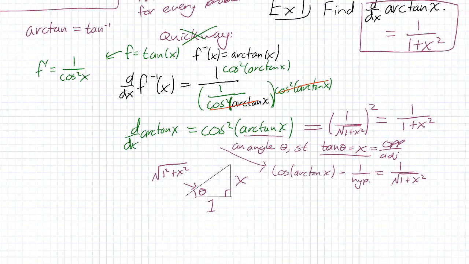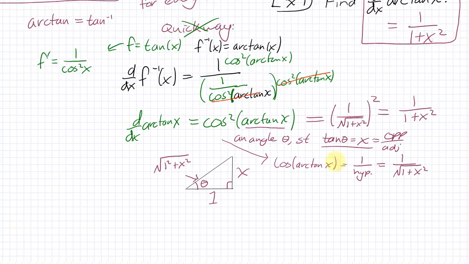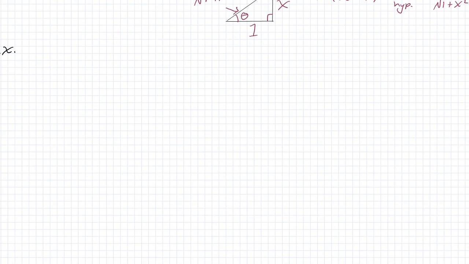The slightly longer way is, instead of doing this step, let's write this over here. Just write out f of f inverse of x equals x, but in this case we're going to do it with tangent.